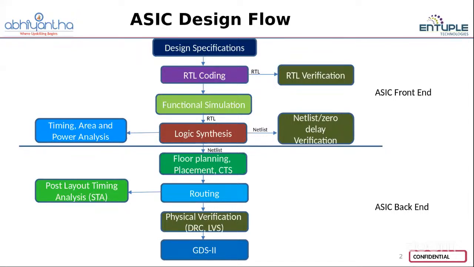We are trying to avoid the DFT process in the entire flow. Instead of doing the DFT side, we are avoiding it, giving more time and running a larger number of simulation iterations, more iterations in the synthesis and physical design side.